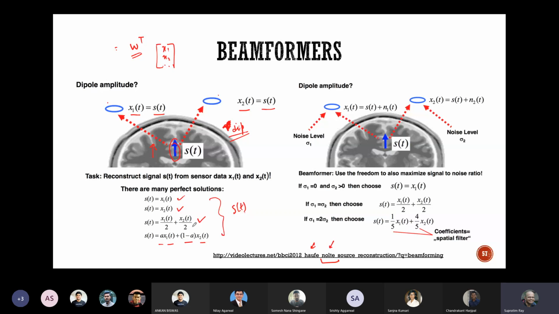But now let's think of a more involved solution where you are looking at noisy versions of S. So x1 is some S, but you have added some noise. x2 is also S plus some noise. Now, intuitively, what would you do to get an estimate of S given this noisy situation?